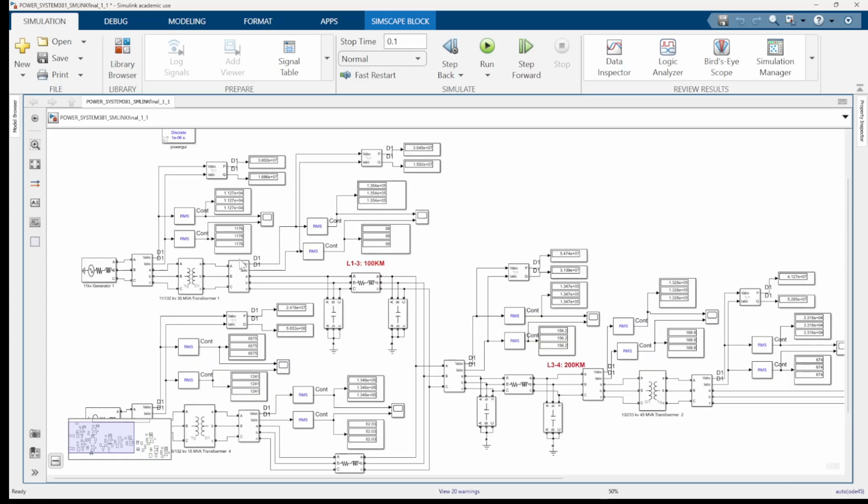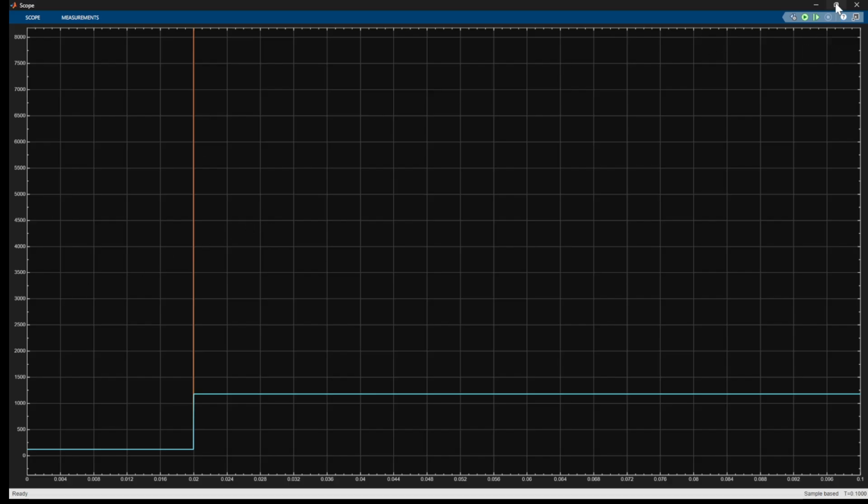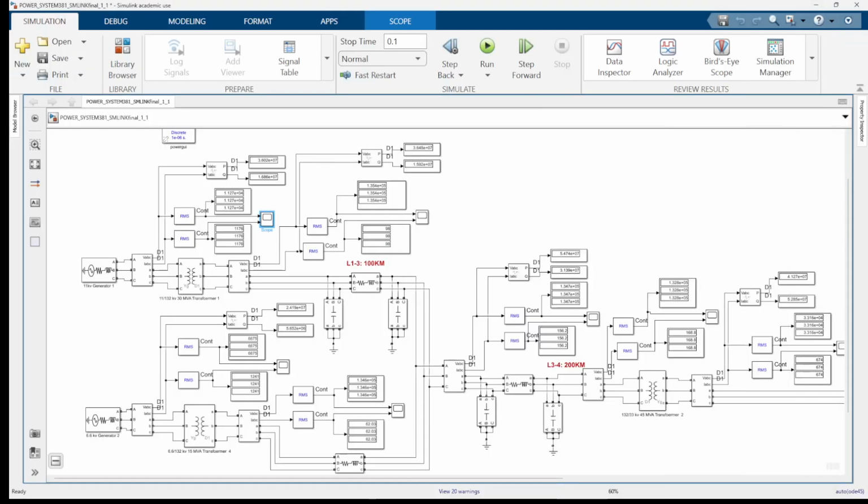Now, the overall system has RMS blocks to calculate the RMS current and RMS voltage, line current and line voltage, and active and reactive power. You can also find each of these RMS values in the scope. For example, I have already run the simulation.